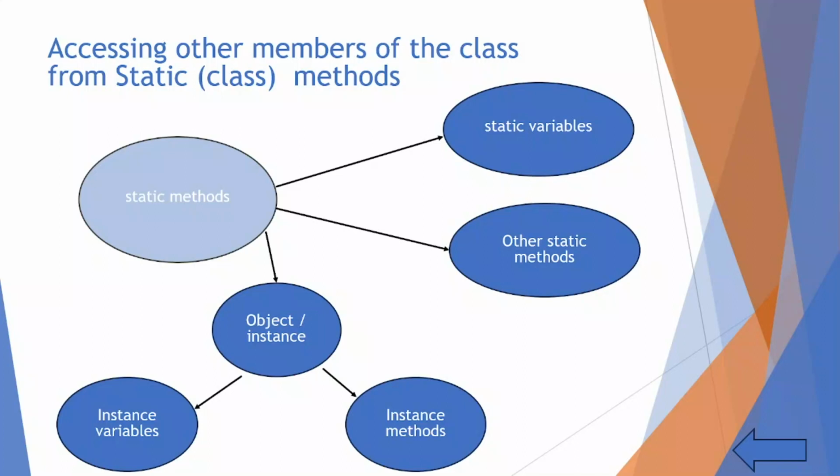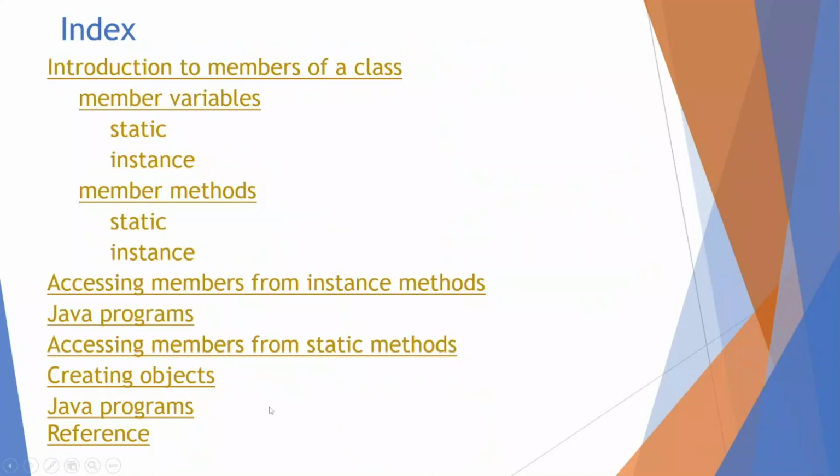The instance variables and instance methods can be accessed with the help of an object from static methods. So, object creation is an important task if we want to call instance variables and instance methods from static methods. So, let's learn creating objects.